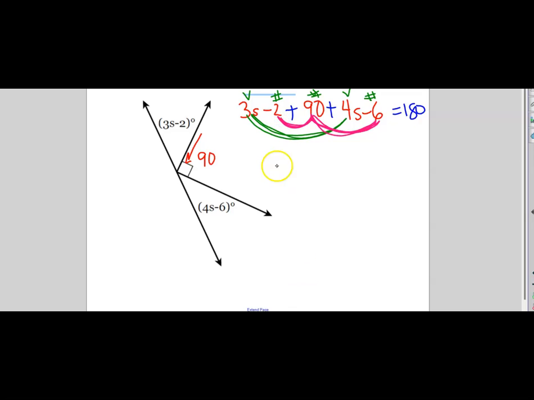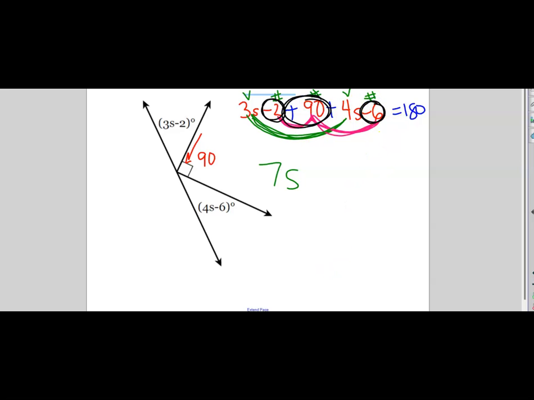Let's do my variable terms first. 3s plus 4s makes 7s.